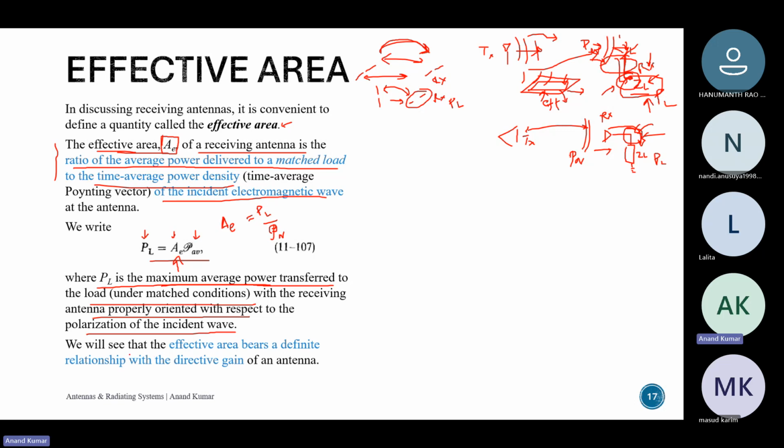So we'll see that the effective area bears a definite relationship with the directive gain. So this is what we'll derive now.